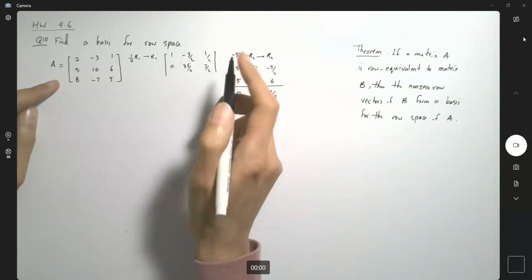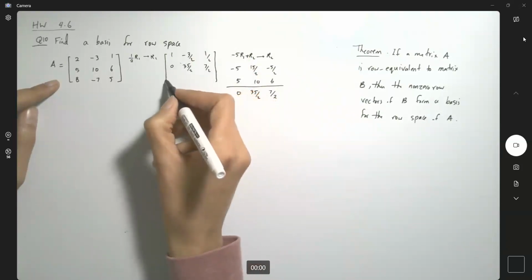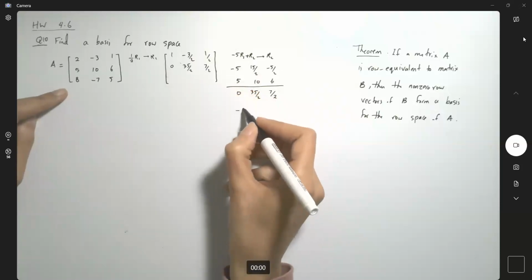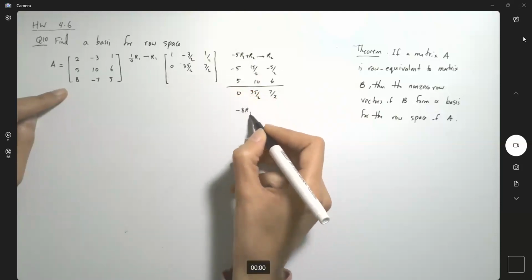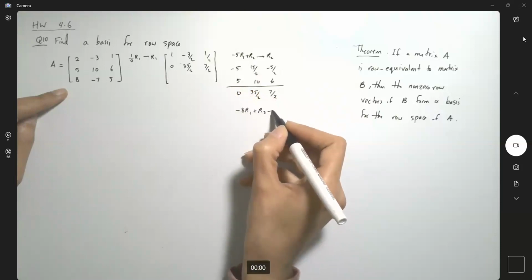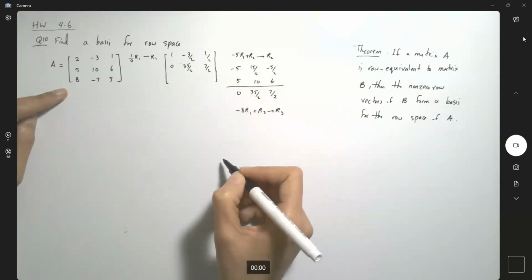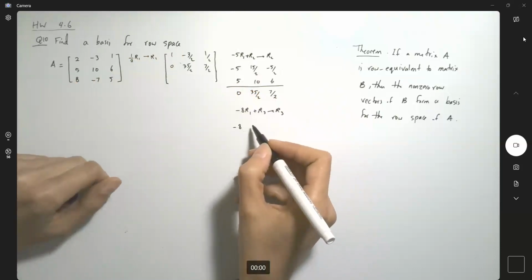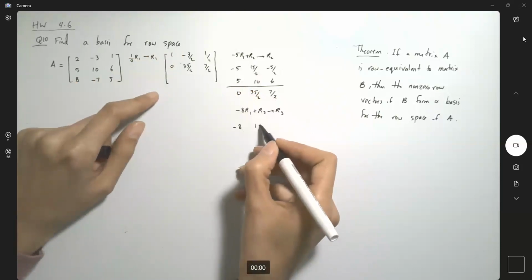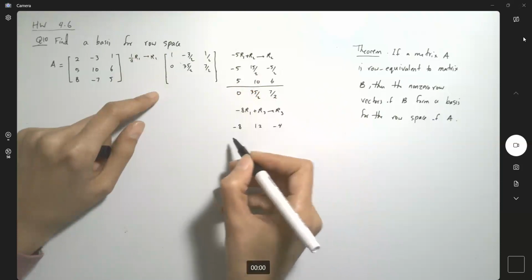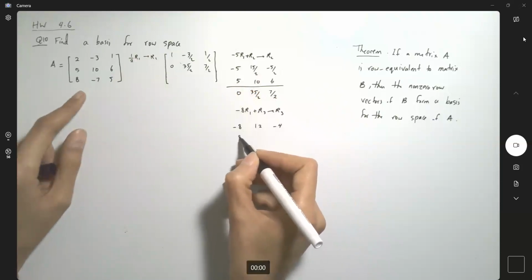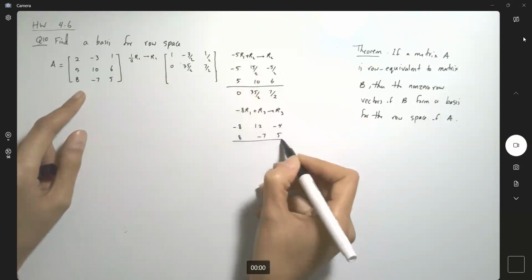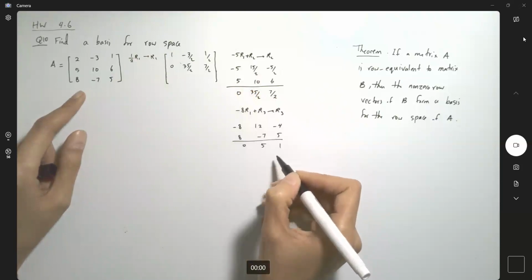And now you're going to multiply the first row by negative 8 and add it to the third row. This becomes your new third row. So here you have negative 8, and here you have 12 and negative 4, added to 8, negative 7 and 5, which is 0, 5, and 1.